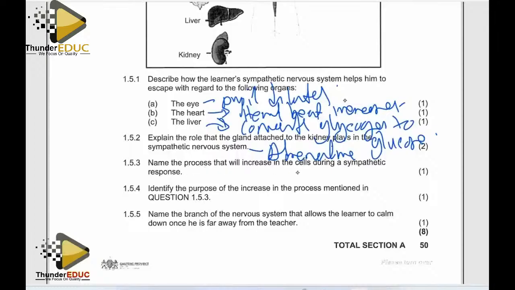Name the process that will increase in the cell during the sympathetic nervous system response. I will not comment about this question, but I think it is based on grade 11 work. Now I'm seeing that they are starting to bring some grade 11 work too. If I'm being scientific, I will say glycolysis. But if I'm not going that deep, I will say metabolism.